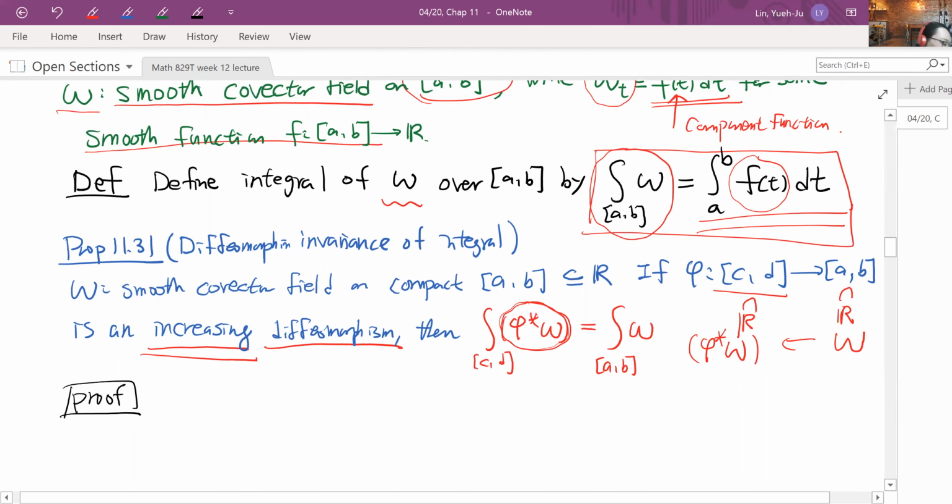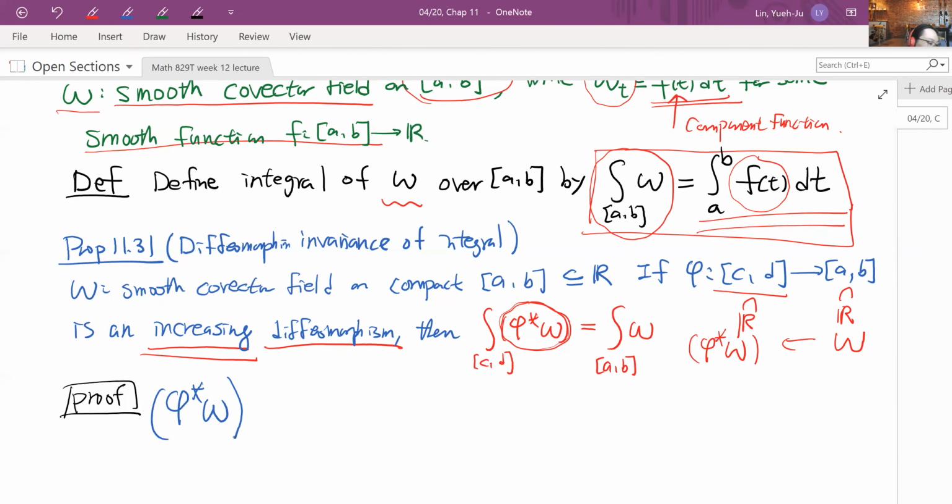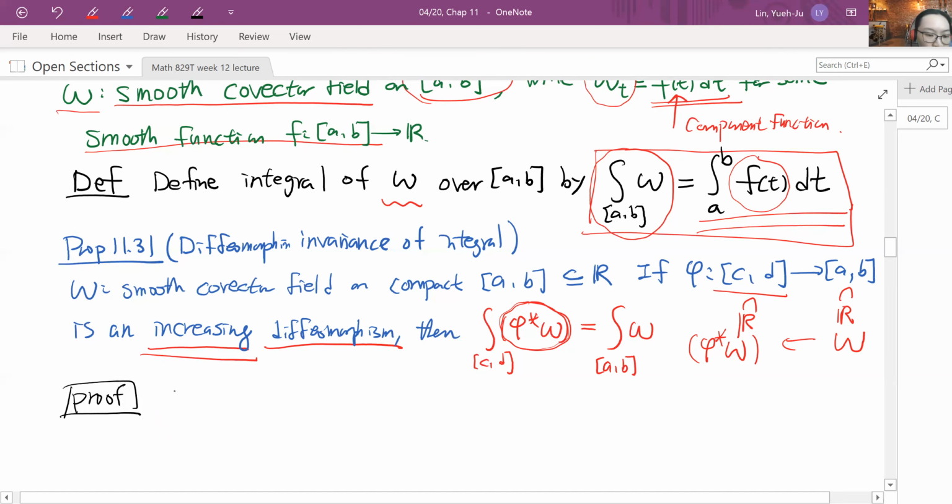Okay, so now let's see. First, I want to see what this pullback looks like. Actually, I need to set up a little bit more. Sorry, before we do this, I want to define the variables I'm using.